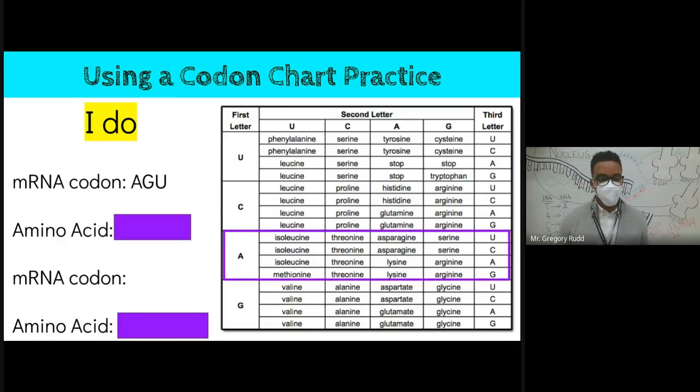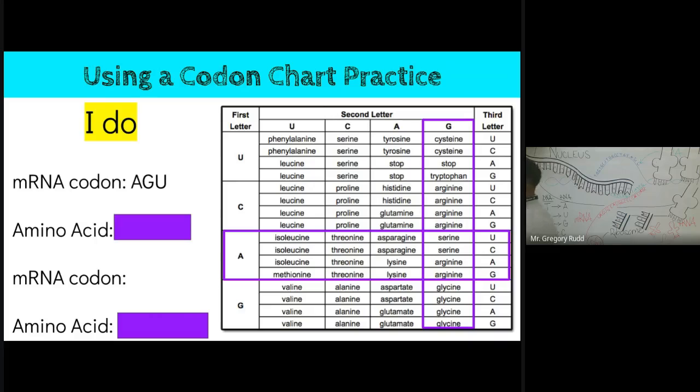I do it like this. Let's see. Yeah, I'm only paying attention to this section here. So now I could be talking about threonine, asparagine, lysine, blah, blah, blah. But I know that my second letter is G, so I know I need to be in this section. The overlap.